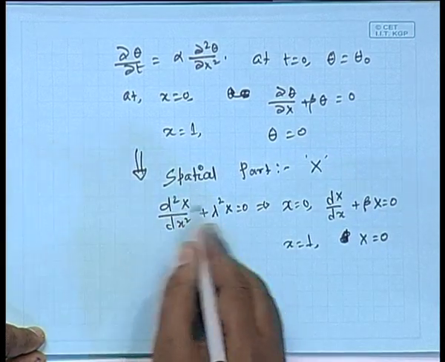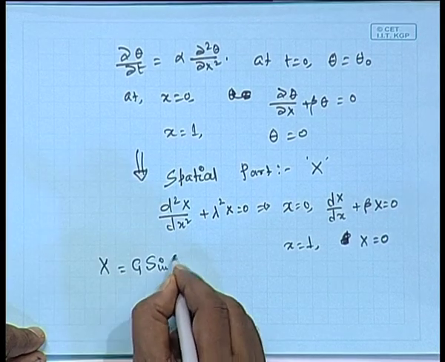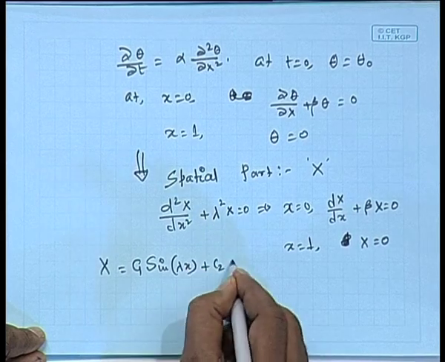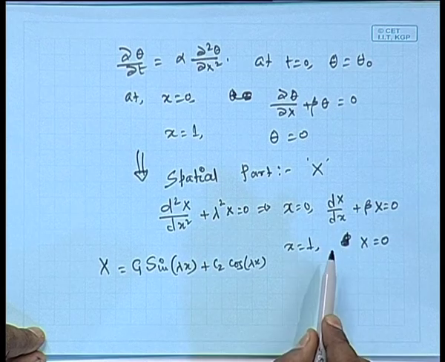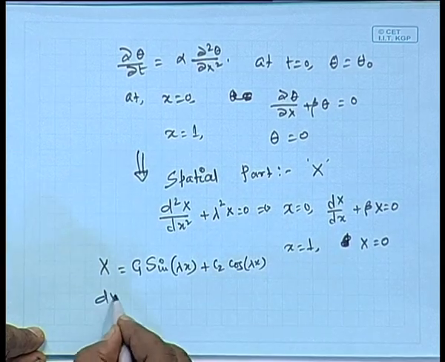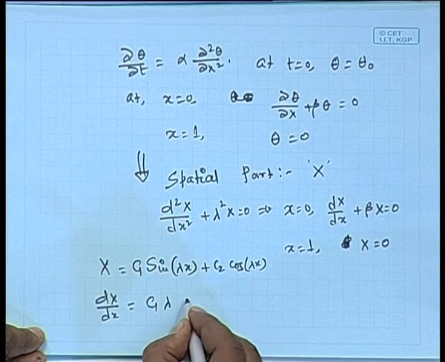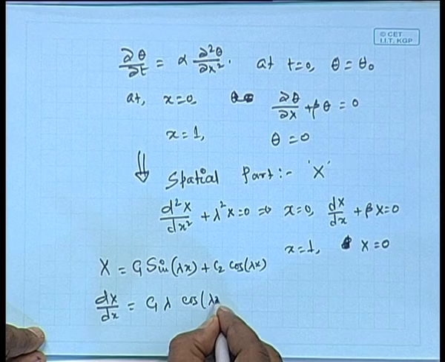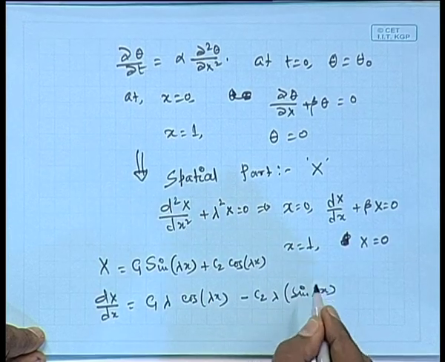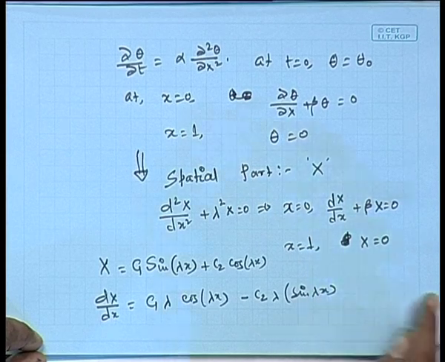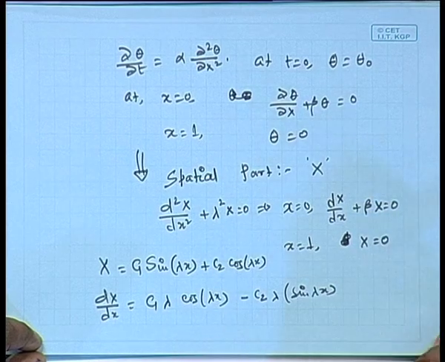So, the solution is nothing but C1 sin lambda x plus C2 cosine lambda x. Okay. Now, what is dX dx is C1 lambda cosine lambda x minus C2 lambda sin lambda x. Now, let us put the first boundary condition at x equal to 0 dX dx plus beta X is equal to 0.